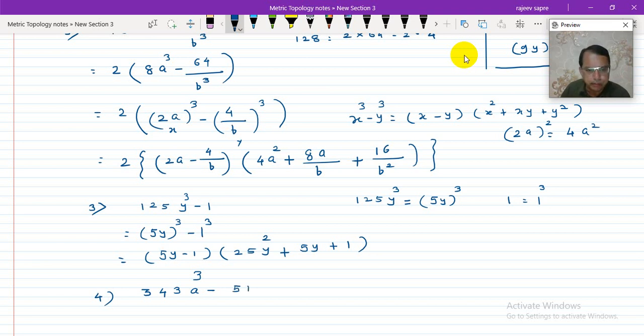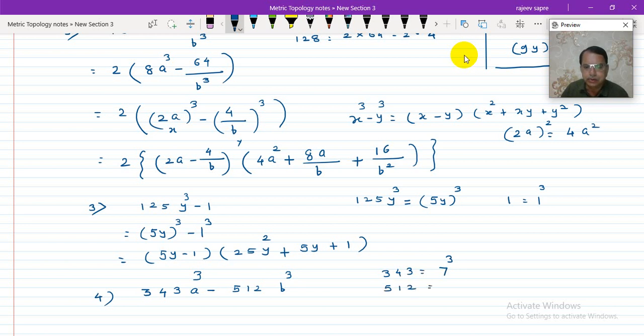So now you have to know what is this number 343. It is the cube of 7, right? And next thing is 512.